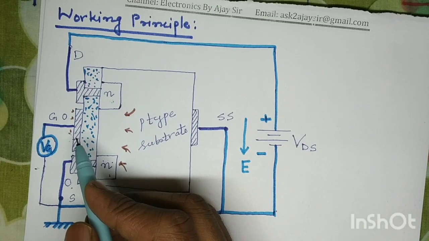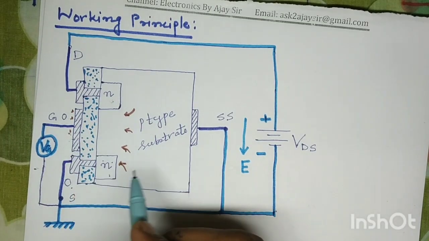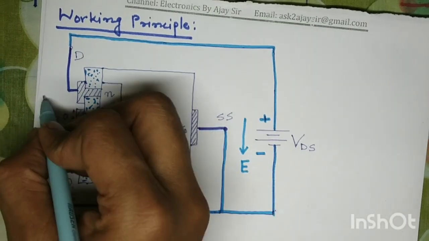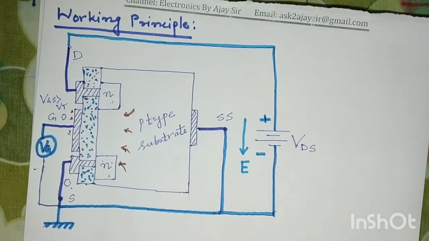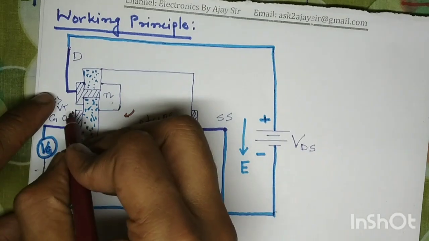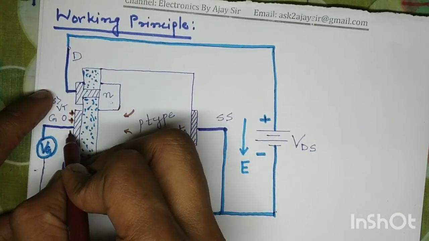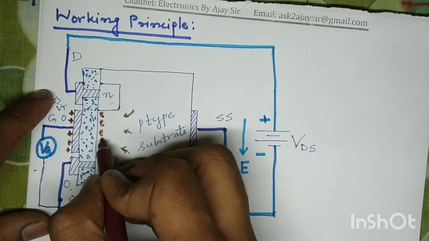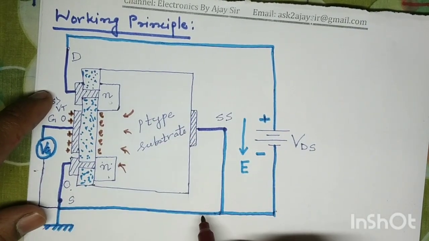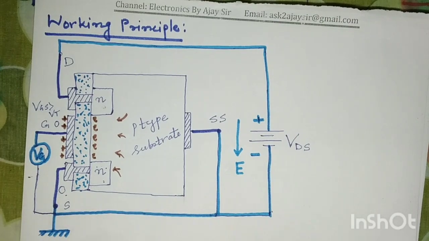There is no current conduction in this enhancement type MOSFET. When VGS is sufficiently above the threshold voltage, this gate terminal will be sufficiently positively charged, a sufficient number of electrons will accumulate in this channel region, and hence the current conduction will take place.